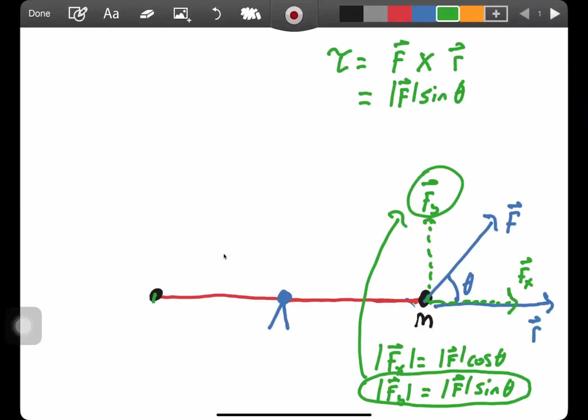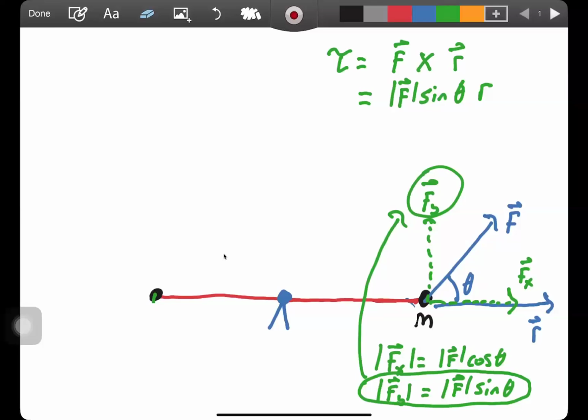What's important here is that we also have to consider the lever arm. So we have the component of the force that's acting in the direction that actually supplies rotation. But then we also have to think about what distance r that particular force is acting at vis-a-vis the axis of rotation.